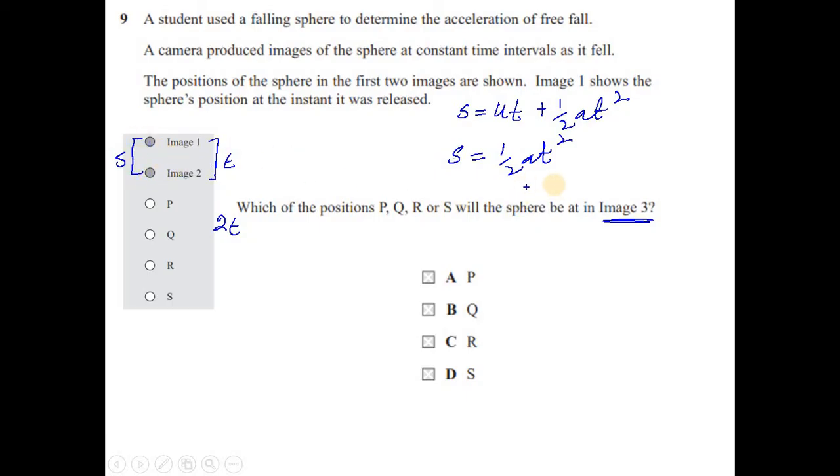We need to find what happens if the time is double, because we need to find the third image. The third image will be at 2t. So let's suppose the new position is s dash. So s dash would be equal to half of a, into 2t whole squared.